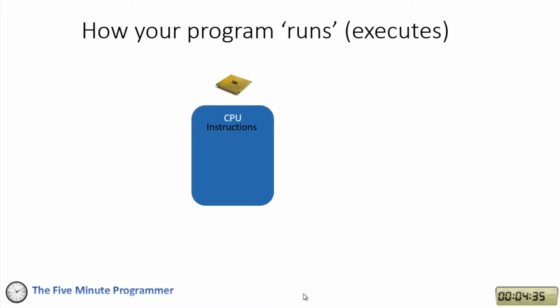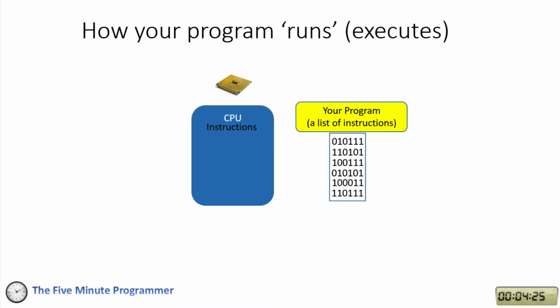Let's first talk a little bit about how your program runs or executes. You'll hear both of those terms, runs or executes. The CPU, as we know, gets instructions. So your program is simply a list of instructions, and the instructions are executed in a sequence, starting at the top, going to the bottom typically, but we'll talk a little bit more about how that might be different later in this video.